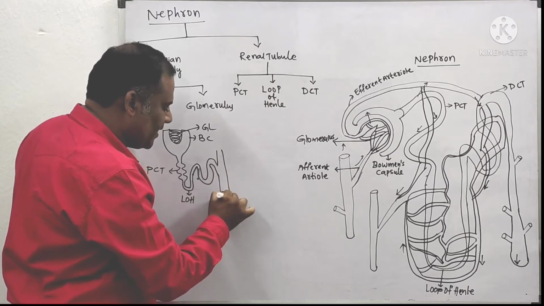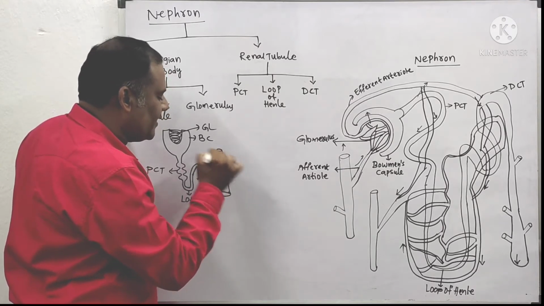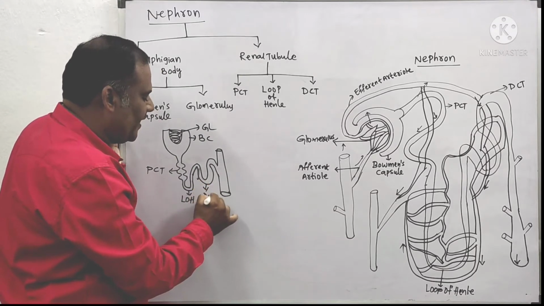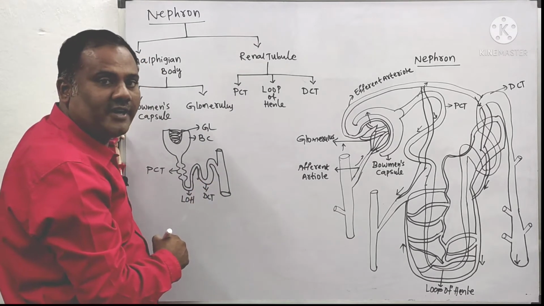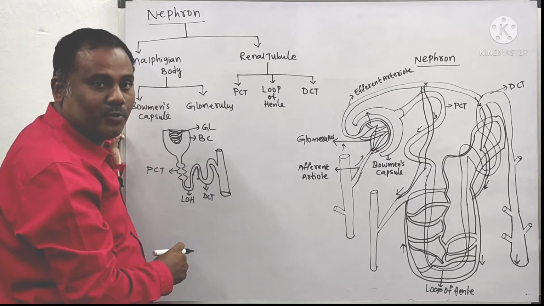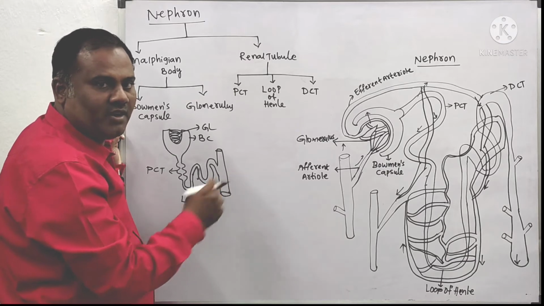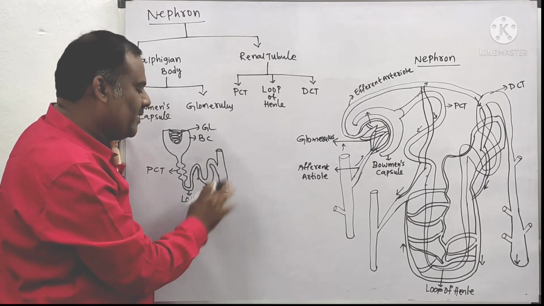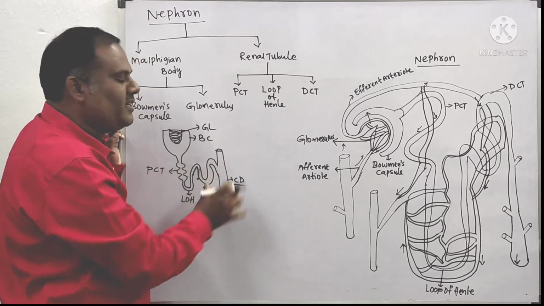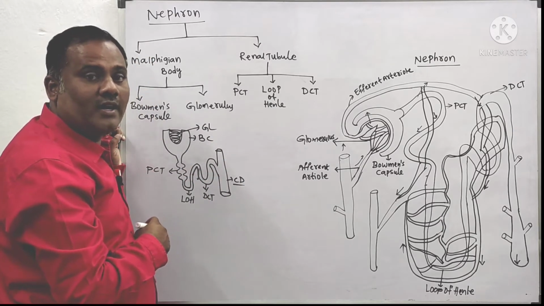This convoluted tubule gets attached to a tube-like structure, the collecting duct. This is the DCT, the distal convoluted tubule. Distal means the posterior part, convoluted means curved, and the tube is the collecting duct.